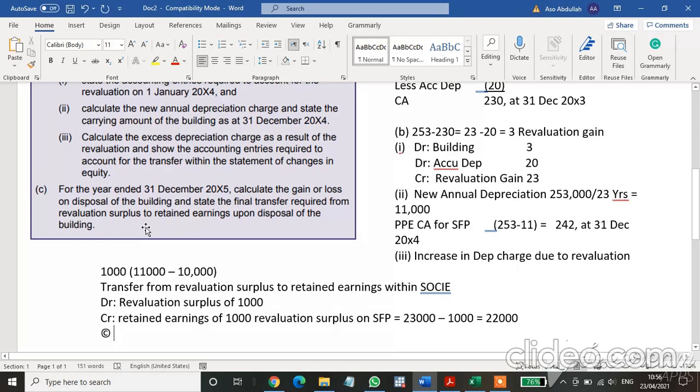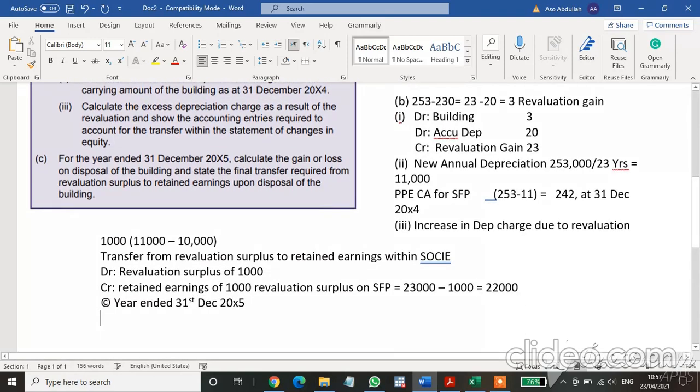So in this situation, obviously, we have a disposal, for the year ended 31st December 2005.